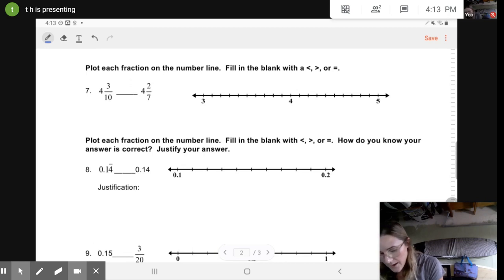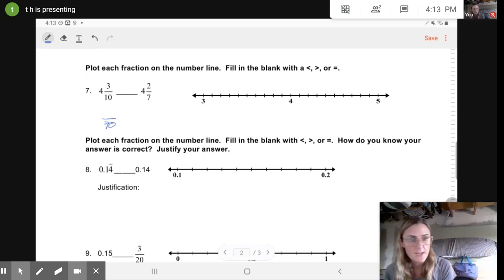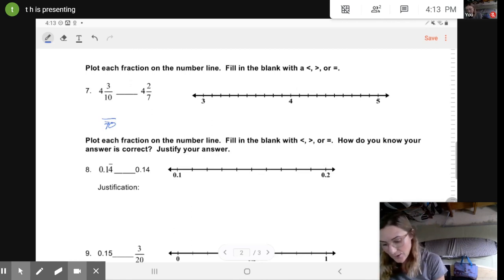So one way you could do this is to try to get the denominators of the fraction the same. And I know that 7 and 10, well, both of those can go into 70. So if I try and get 10 to 70, I have to multiply it by 7, which means I have to multiply the top by 7.